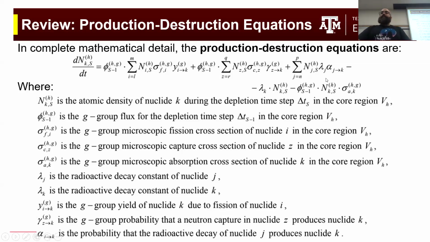And then this is an absorption rate density for the isotope K. We've got a number density for K and a micro cross section, the absorption cross section for K, and that's because we've lumped the capture term and the fission term together, because the capture plus the fission cross section gives us the absorption cross section. So fundamentally all this is saying is the rate of change of this nuclide equals the ways that it gets gained due to fission, due to capture, due to decay, and then the ways that it is lost from decay and anytime it absorbs a neutron.